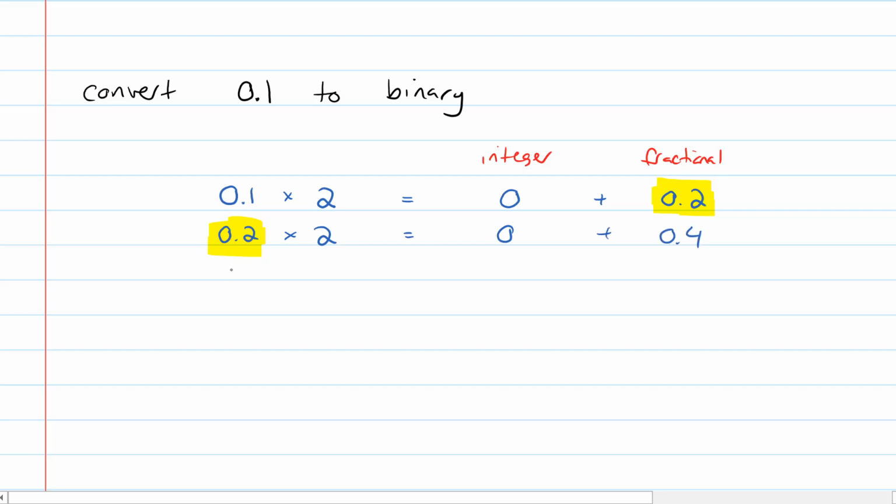If we then take the 0.4 and write it below and multiply it by 2, we get 0.8. Placing the 0.8 here and multiplying it by 2, this is the first instance where we actually have an integer part. 0.8 times 2 is 1.6.